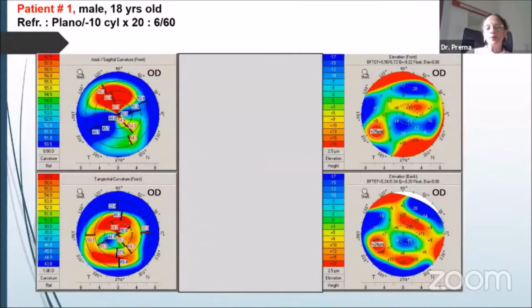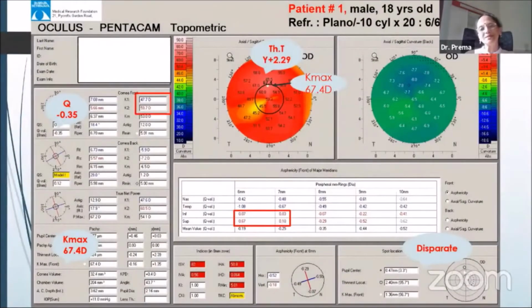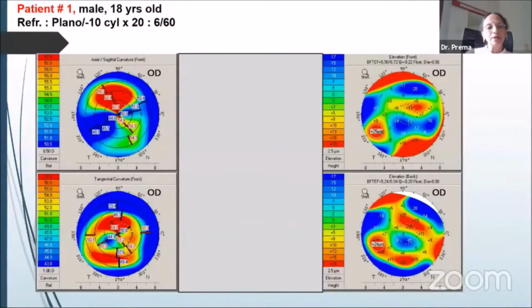Going back for a minute, when you look at this cornea, it seems to look sort of featureless, and that is because of the color coding and the scale that we use. If we want to look at further details, we need to first change the scale and use the tangential curvature map to be able to pick up subtle changes.